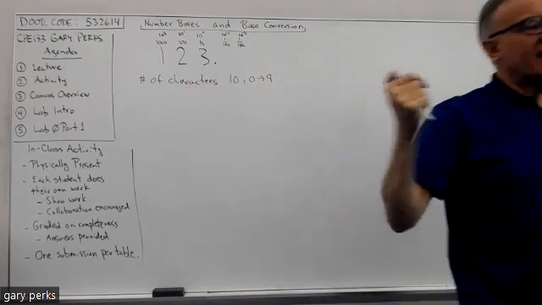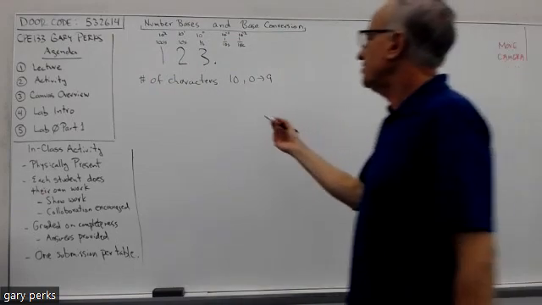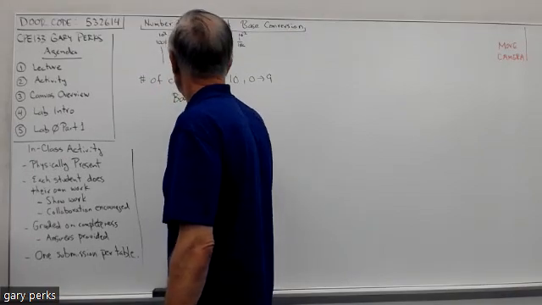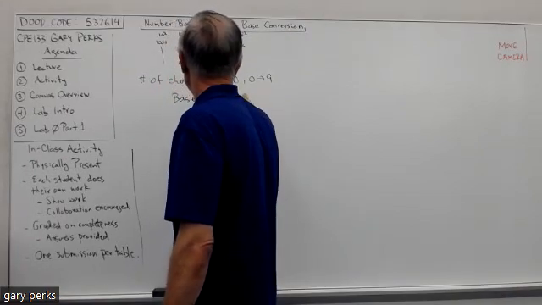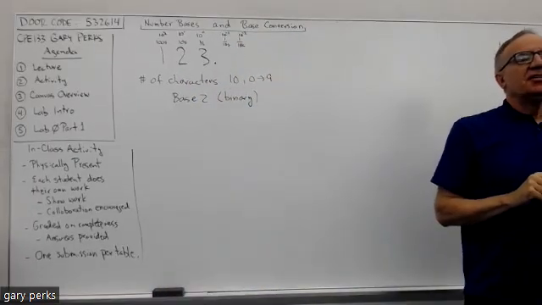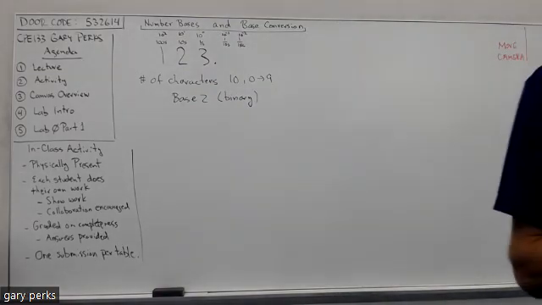And in digital design, there are certain bases that we commonly use. One of those is base 2, which we call binary. So how many characters do we have in base 2? 2.